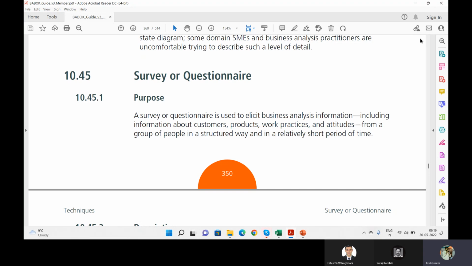I'm putting the example from the PhD again, because in a PhD surveys play a very vital role. Let's say I want to do a survey on ITIL 4. I cannot talk to 1,000 people, but if I create a survey and roll it out to my friends, LinkedIn, social media, everywhere, then I can get the results.